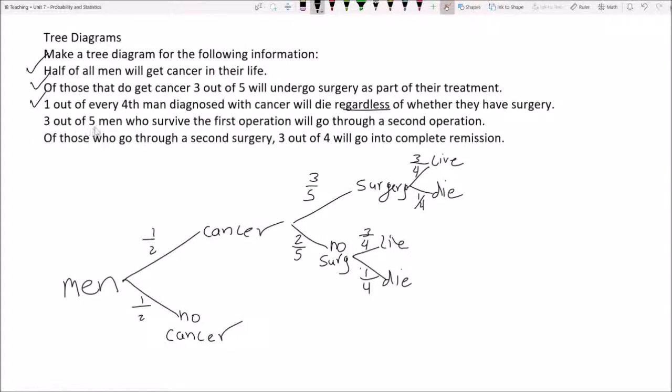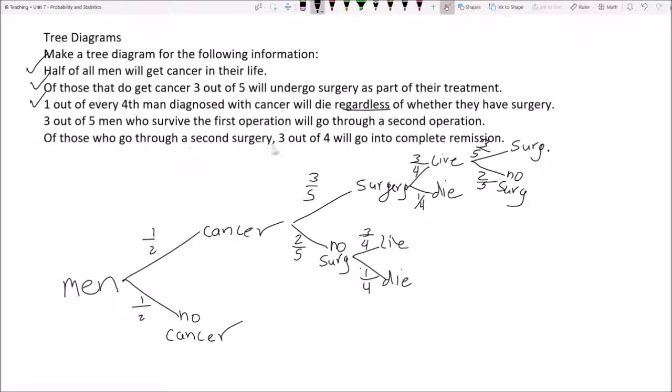3 out of 5 men who survive the first operation, so cancer, surgery, survive, will go through a second operation. So either they will go through a surgery or they will not have a surgery. And we are told of those that will have surgery, 3 out of 5 will have a second surgery, which means that 2 out of 5 will not have a second surgery.